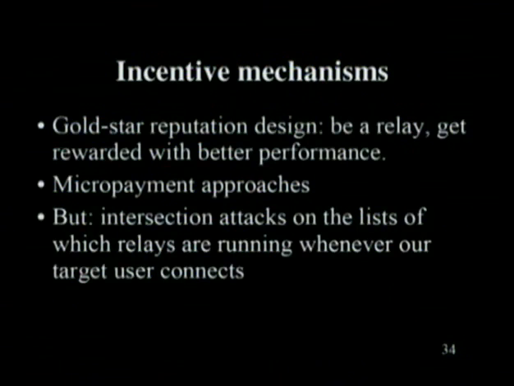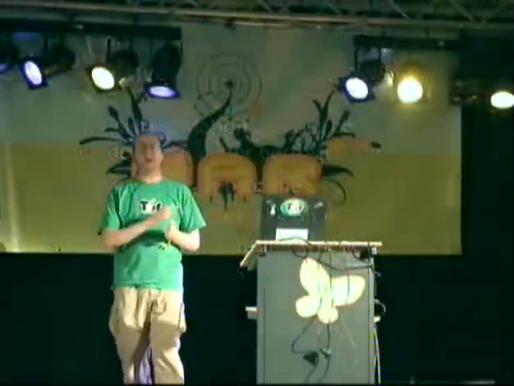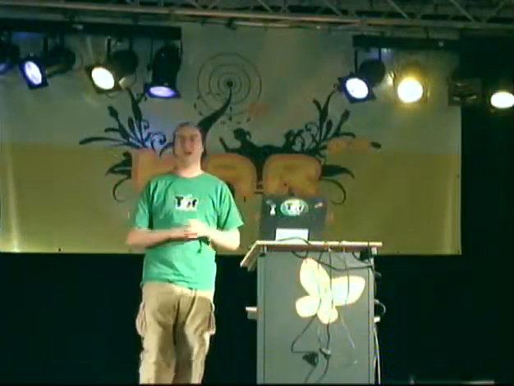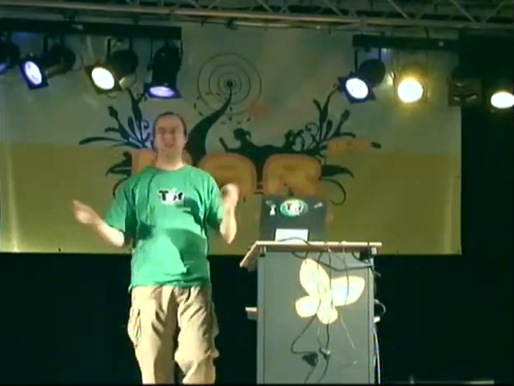So the idea is the directory authorities measure your relay and see if you're actually providing performance. And if you are, then you get a little gold star in the directory. And anybody who has a gold star gets priority. They get preferred service from all the other relays. And we did some simulations of this, and it actually works great. The people with the gold stars get pretty consistent service no matter how many BitTorrent users we add into the network. So that's exactly what we want.